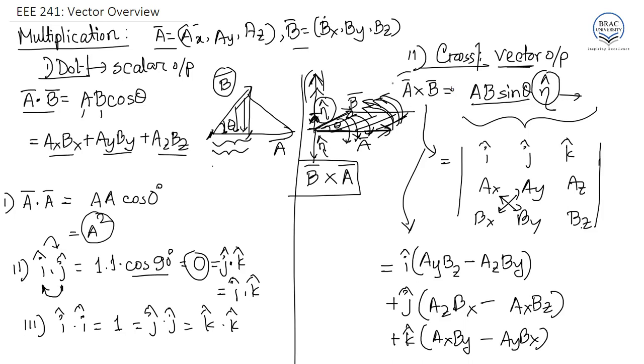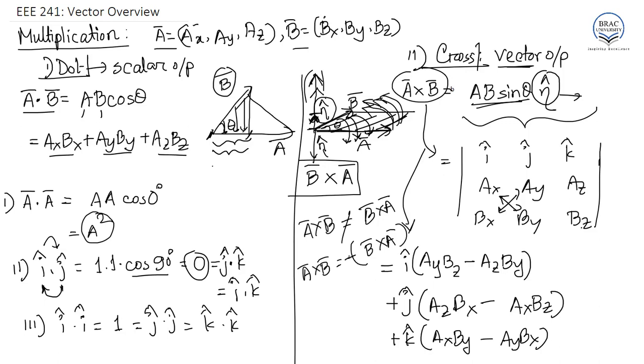That means these two are not commutative. So you cannot write A cross B equals B cross A. This is not how it works. What you can write, however, is A cross B equals minus B cross A. It's because the magnitude remains the same, but the direction just alters.